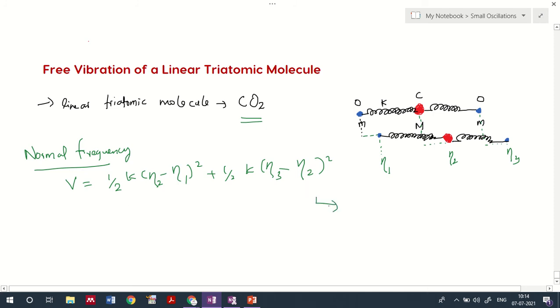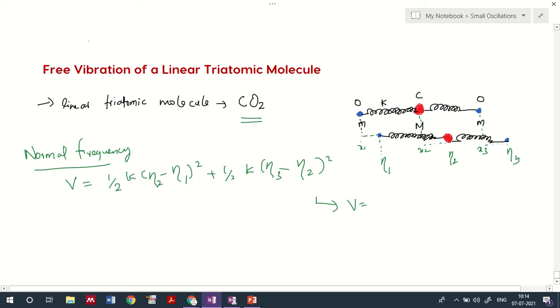Let me represent that too. It will be V equal to, if this position is x1, this position is x2 and this position is x3, the equation will be slightly different. You can either represent it in terms of x or in terms of eta, whichever is convenient.